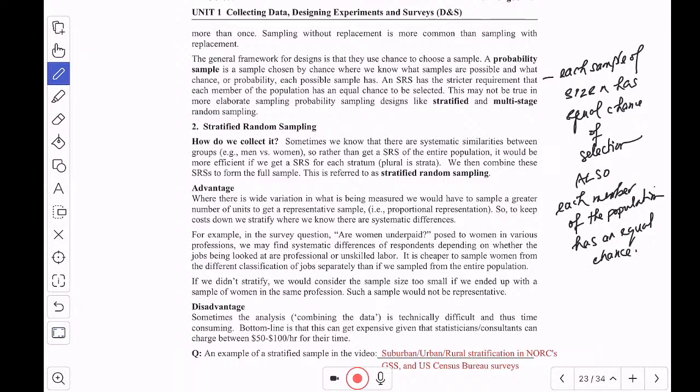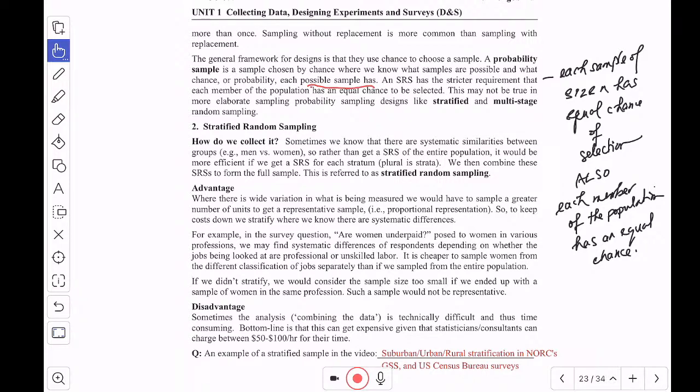Okay, a probability sample only has this feature. So this is all in regards to the sample. All right, so think about that.